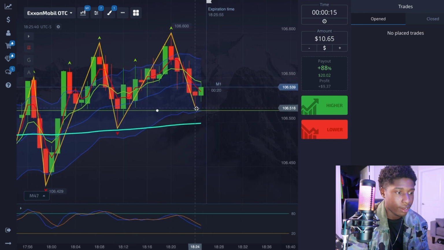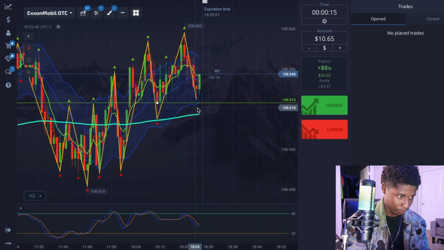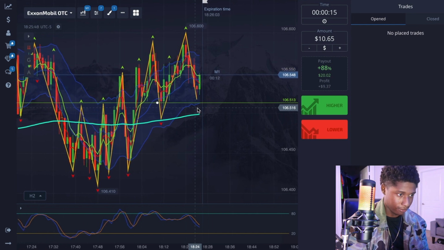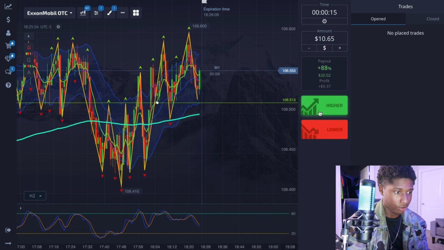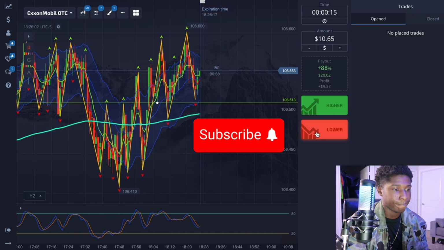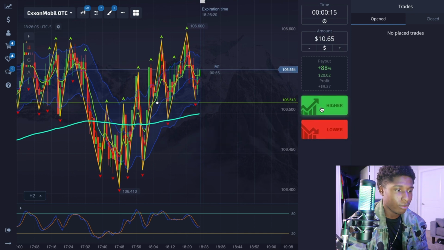We could have got in right here once this candle pretty much tried to reach it, but started inching its way back up. Let's just see what happens at the end of this candlestick. We have a big green candlestick forming, so that means we're gonna kind of retract with a red candlestick, and it's already kind of doing that. But we want to make our way up, guys.